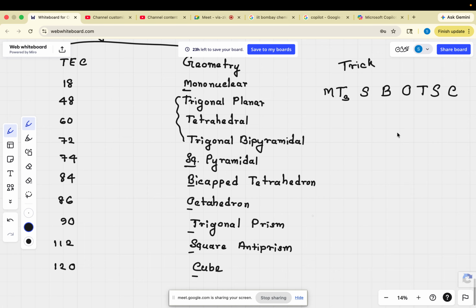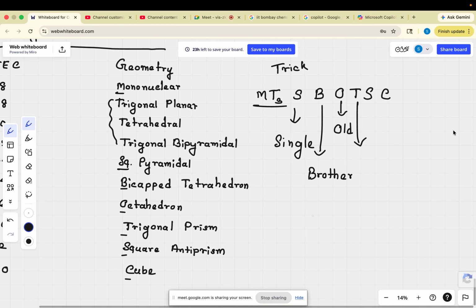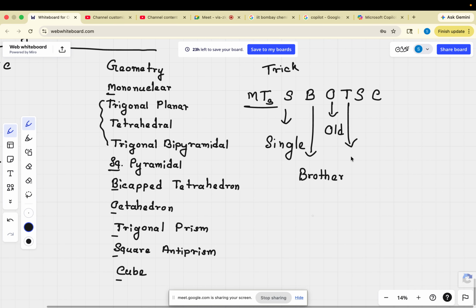So this MT3 you just write down like this, no need to change this. Now this you can remember as: single brother old traffic signal.